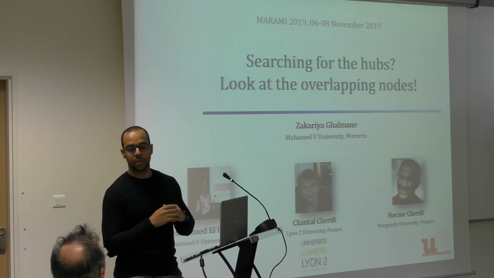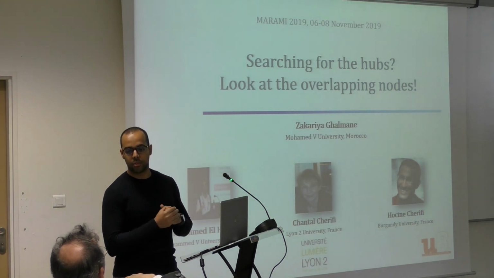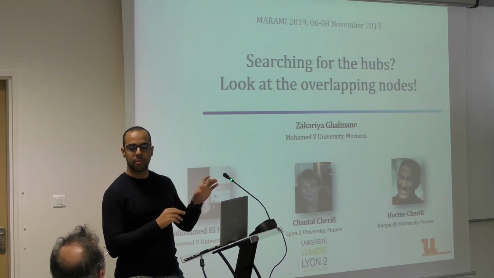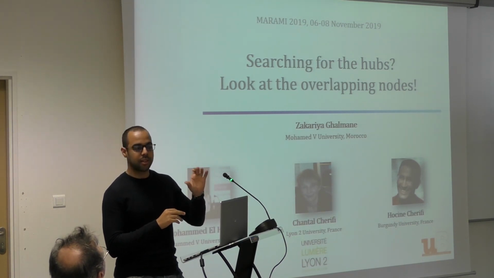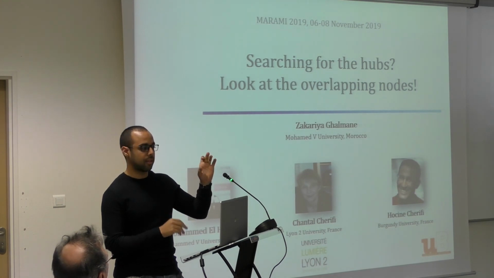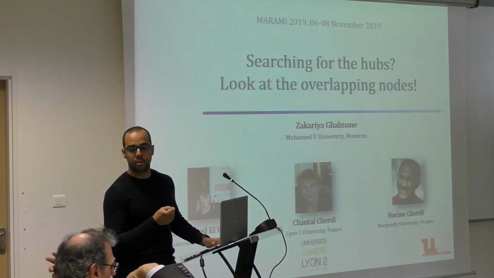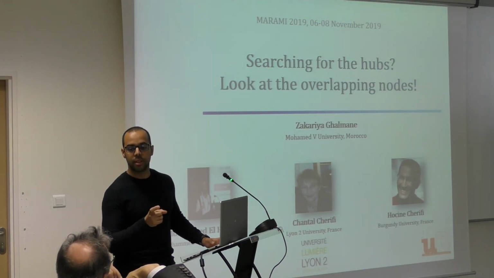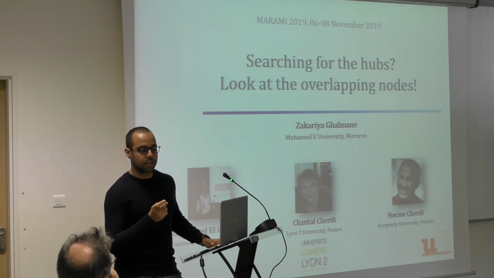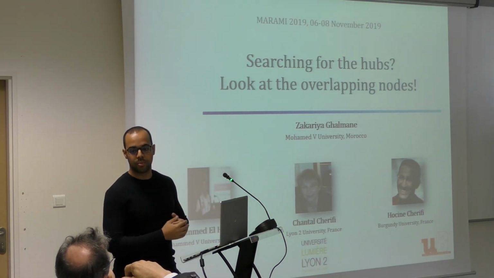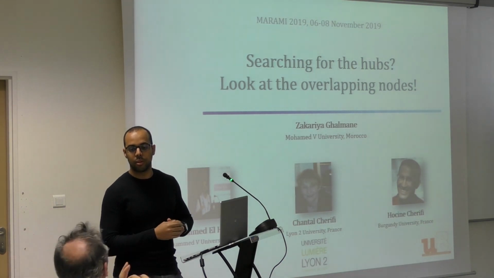He tried to develop a new immunization strategy, by immunizing randomly one of the neighbors of the overlapping nodes, and he found that this measure correlates strongly with the degree-based immunization strategy. So he had the assumption that the overlapping nodes can be neighbors of hubs. Okay, so we confirm this. Yes.